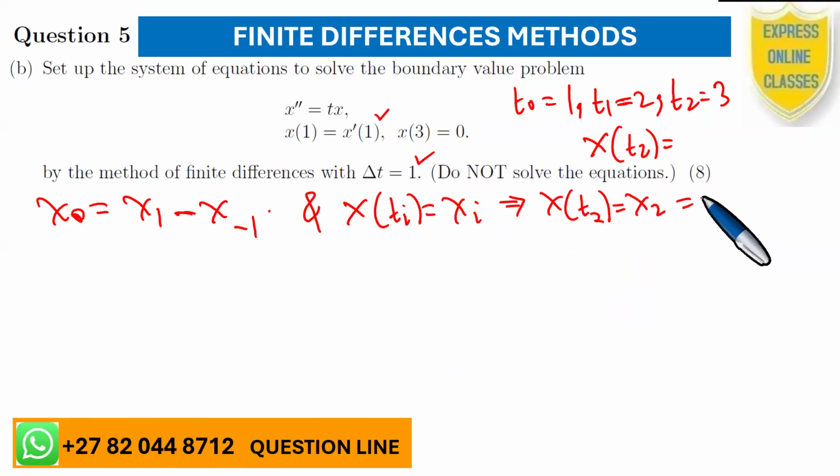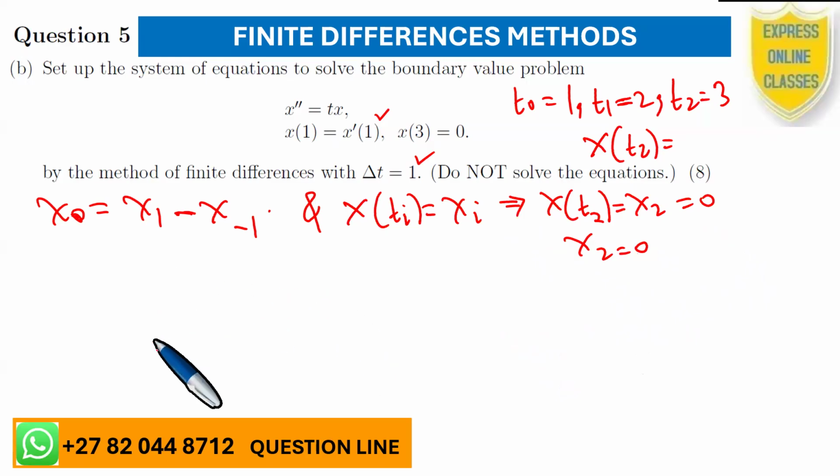Which is equal to 0. Okay. So x at t2, you can call it x at 3, which becomes exactly a 0. Like that. And so this means that x2 is equal to 0.